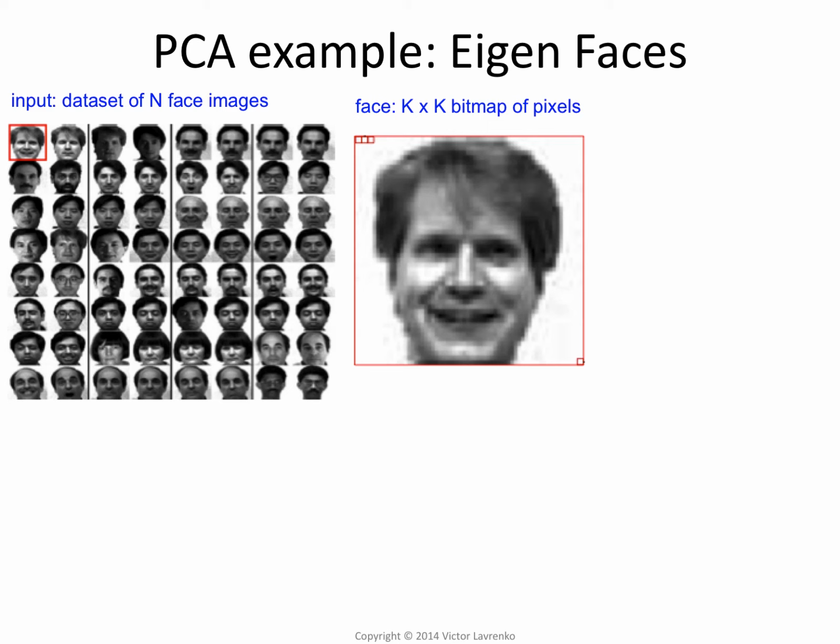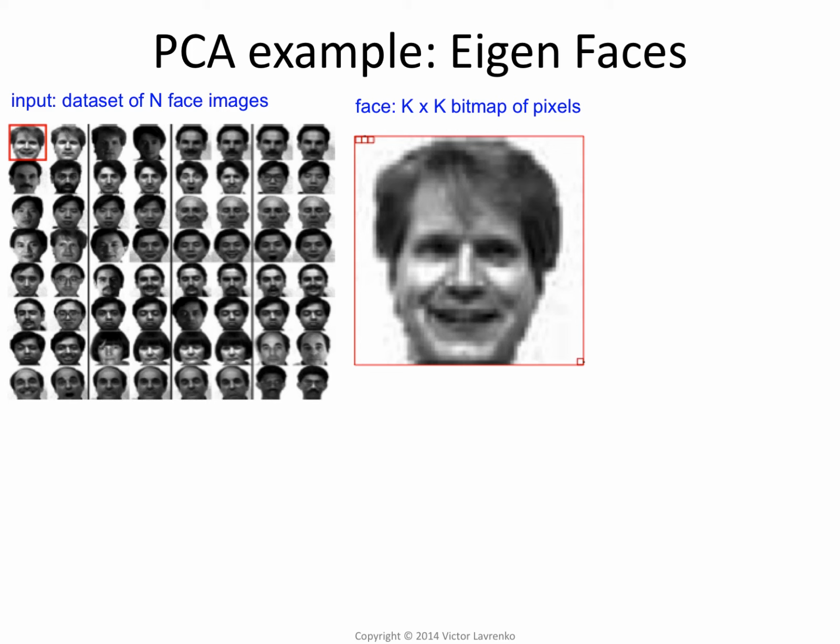If this bitmap is k by k, I'm going to take each pixel and use that as an attribute, so I'm going to have k squared total pixels. Now, to use PCA, each instance needs to be represented as a vector.